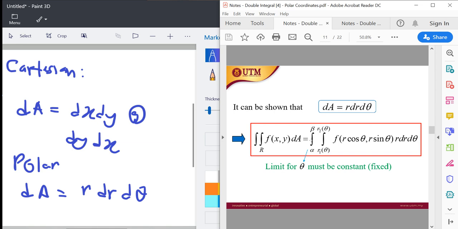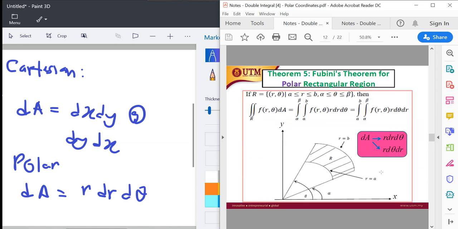The limits here represent the angle. The limits for theta must be constant or fixed. By Fubini's theorem, we can also interchange the order, but in our syllabus we mostly focus on the first type. It is rare for students to be asked to interchange the order in polar coordinates.